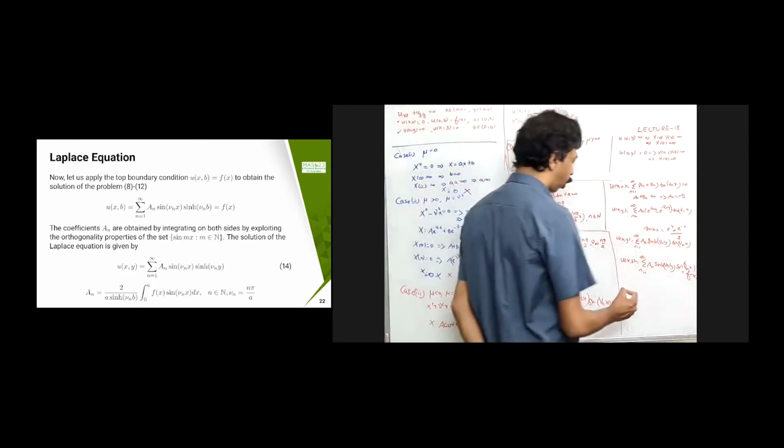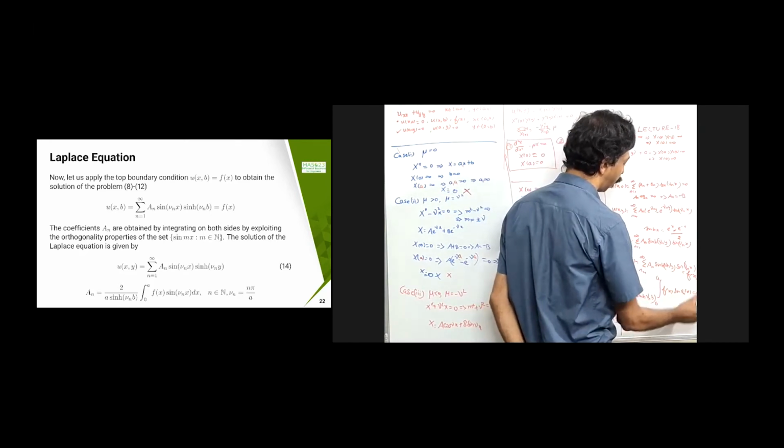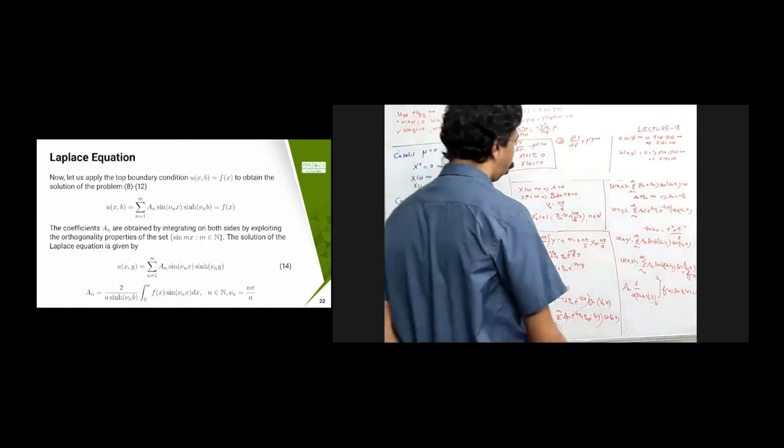So if you substitute that, your an is going to become 2/a into 1/sinh(νn b) into the integral from 0 to a of f(x) sin(νn x) dx. All other terms are going to become 0 because of the orthogonality properties of sin(νn x). So this is where an is obtained.